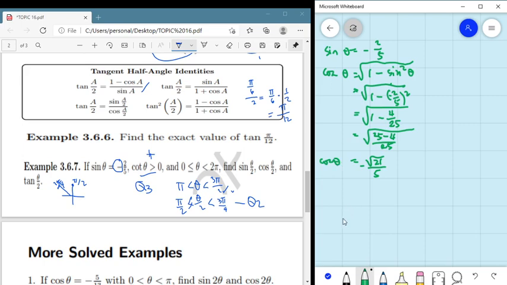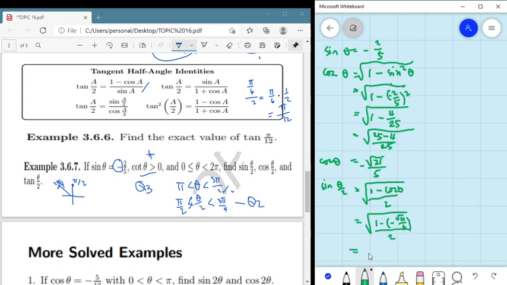Okay. So, next is sine of theta over 2. We learned earlier in our half-angle identities that sine of theta over 2 is the square root of 1 minus cosine theta all over 2. Since our cosine theta is negative square root of 21 over 5, we are going to replace our cosine, so 1 minus the negative of square root of 21 over 5 all over 2.